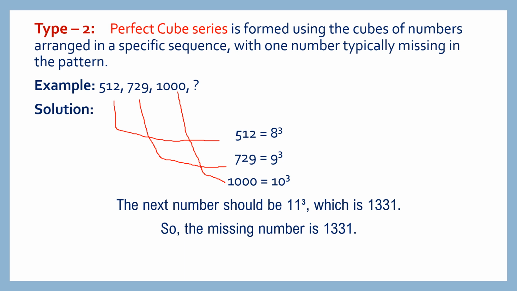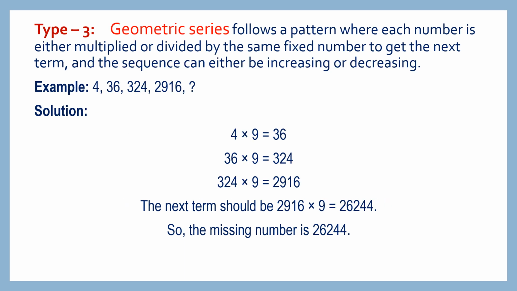Now we have seen types 1 and 2. Moving to the third one. Type 3, geometric series. A geometric series follows a pattern where each number is either multiplied or divided by the same fixed number to get the next term, and the sequence can be either increasing or decreasing. In the given question you can see 4, 36, 324, 2916.